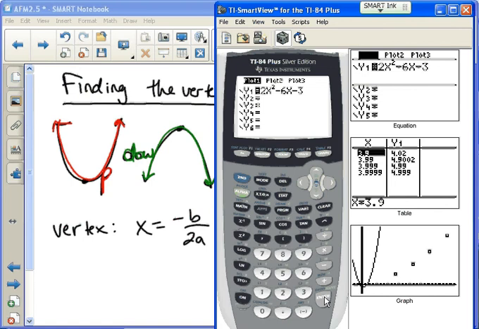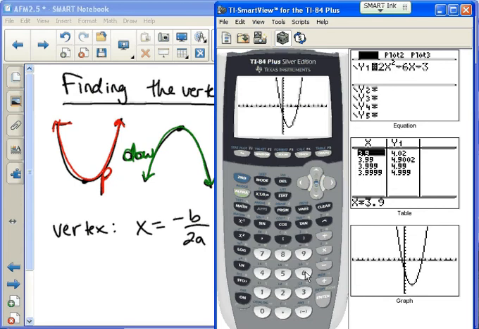I can look right here and see that I have a positive number in front of x squared, and that immediately tells me that I should be open up. And I am, shaped like a U.